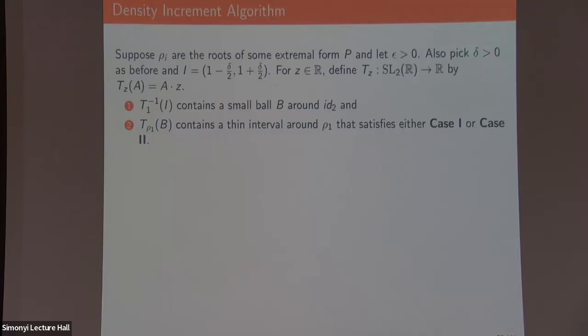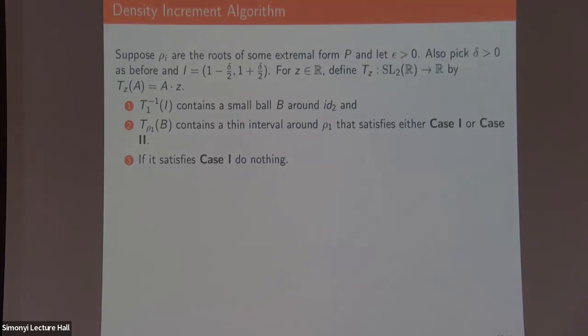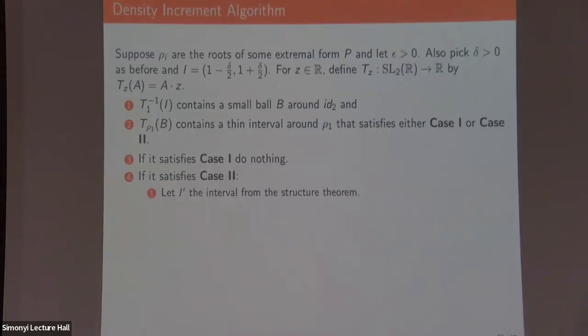If it satisfies case 1, we have a lot of good points, we're fine. In this case, we do nothing. If it satisfies case 2, we find a subinterval, just like in the theorem.